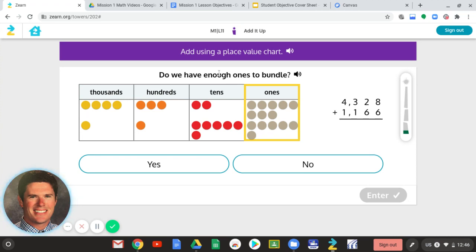So it's asking us, do we have at least 10? Well, let's count. I have 14 ones. So do I have at least 10? Yes, I do, because I have 14.